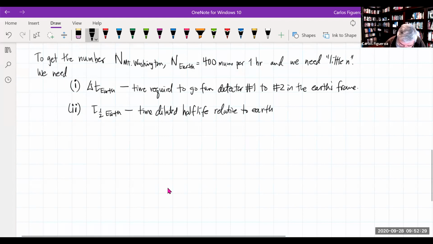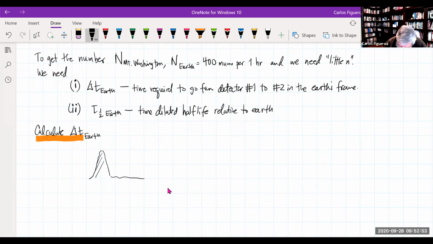So now I want to go calculate delta t Earth. Right? This is the one I want right here. So let's go calculate that guy. The first thing that I want to do here is remind you of the picture here, right?